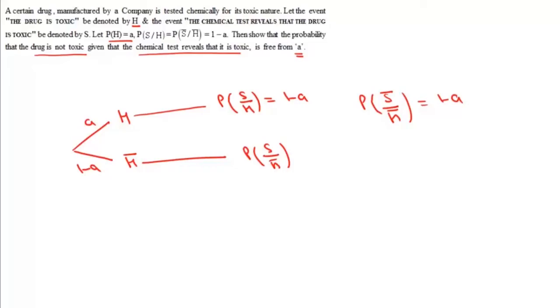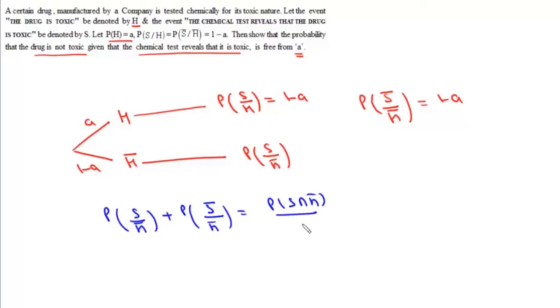Now we know that probability of S by H naught plus probability of S naught by H naught will be probability of S intersection H naught upon probability of H naught plus probability of S naught intersection H naught upon probability of H naught.